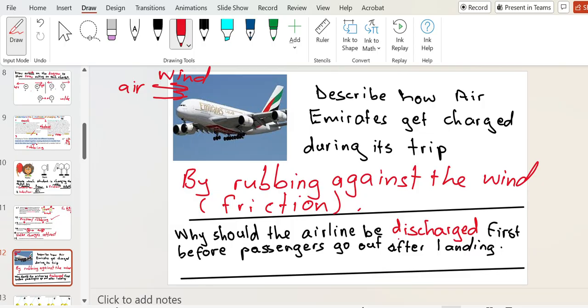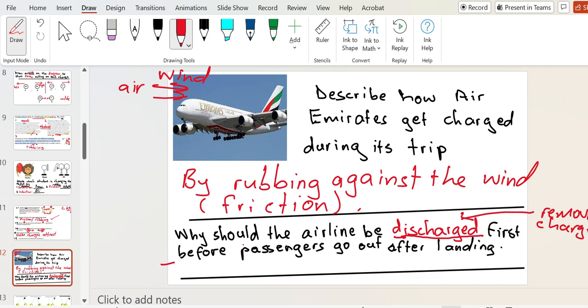Why should the aeroplane be discharged? Discharged means remove charge. Why should we remove charge? If passengers go out without discharging, they will be shocked by the static electricity.